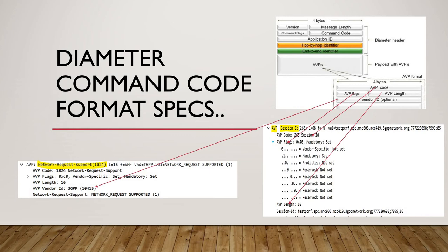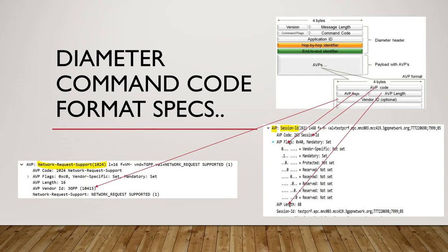I will tell you one more thing: if any vendor has introduced their own vendor AVPs, then it's not easy to decode that TCP dump. I will show you my TCP dump, wherein there is a special vendor ID introduced by some other vendor, and when I open that TCP dump, it will not show me anything, because to decode those vendor messages I need their own capability enabled in the Wireshark tool. The Wireshark I am using currently is a very generic one, and I cannot see those AVPs in it, but I can know that yes, this is a vendor ID.